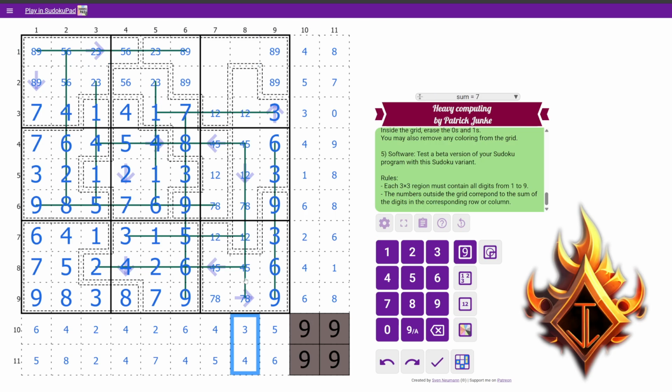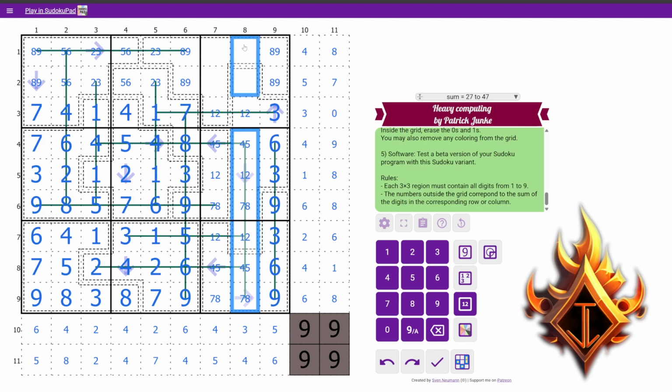Maybe this 34 then. So that would be 7, 11, 12, 24. Yeah, that's it. So 24, everything minimum. This would have to be 4, 5, which is 9. And then plus 1 is our 10.